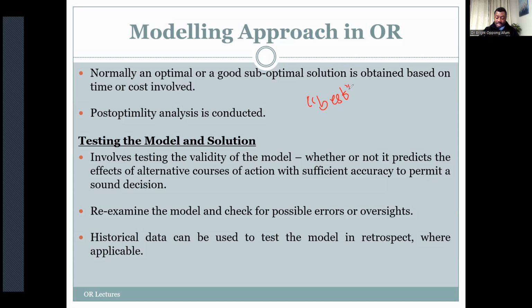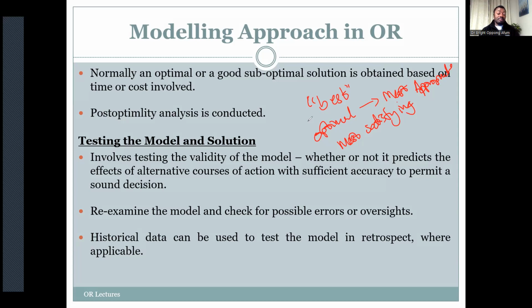So an optimal solution actually refers to the most appropriate or most satisfying solution, the solution that is satisfying all the constraints, right? That solution can be the best, or usually it's actually not the best, but it satisfies all the conditions.